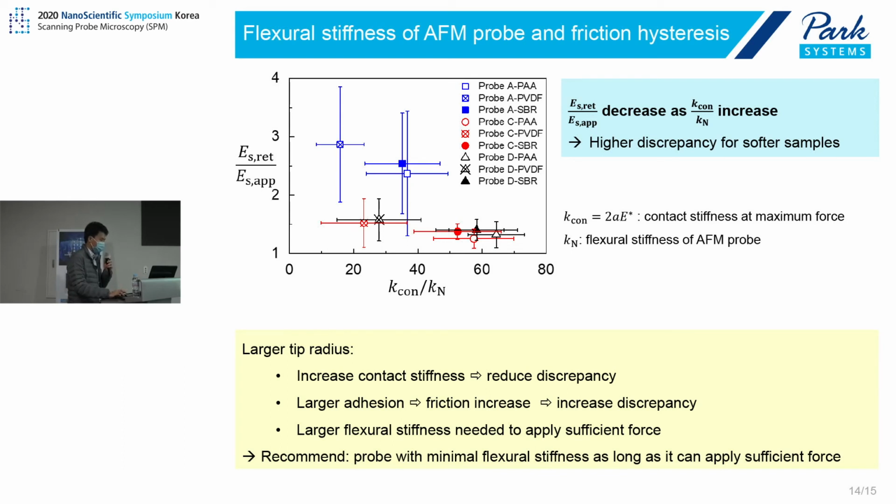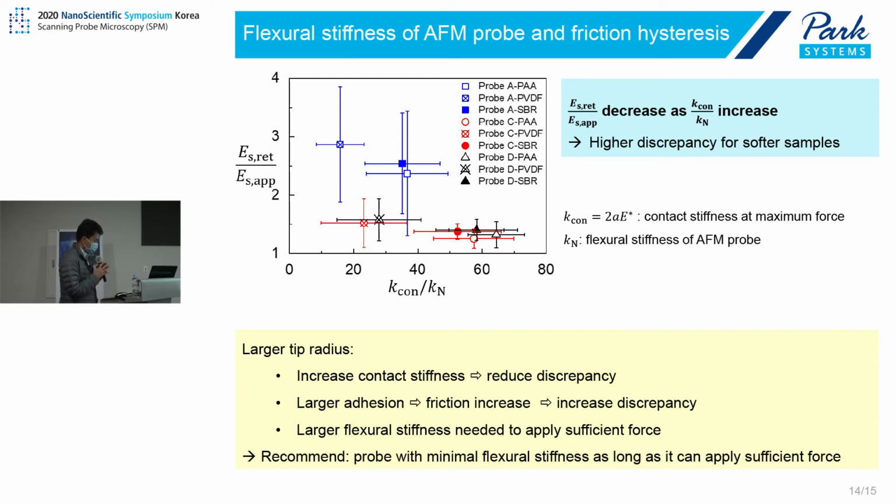And Kn here is the flexural stiffness or the spring constant of the probe. So you can see the Young's modulus ratio decreases with increasing stiffness ratio. This suggests that a higher discrepancy between approach and retract data can occur for softer materials.